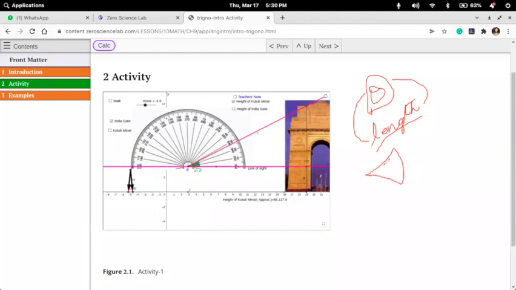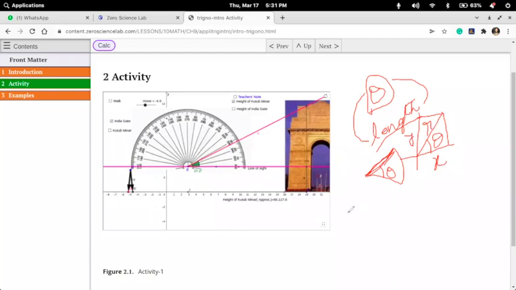This is the sector length. This is the angle, right? So this is the radius or the line. And another one is the transformations, right? This is called the x coordinate and this is called the y coordinate, right? This is r.